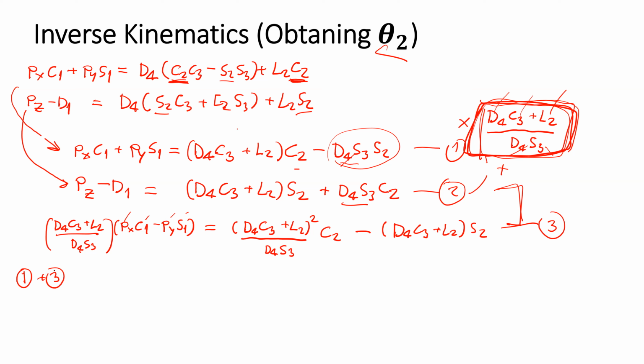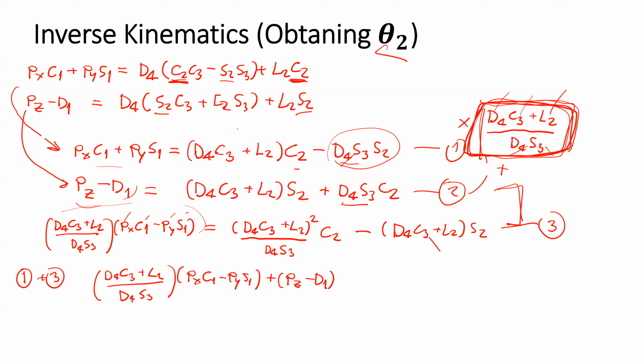If we combine equation 1 and equation 3, yeah, the left-hand side will still be a stupid long thing here, but D4C3 plus L2 divided by D4S3, PXC1, PYS1 and plus PC minus D1. We combine these two equations.